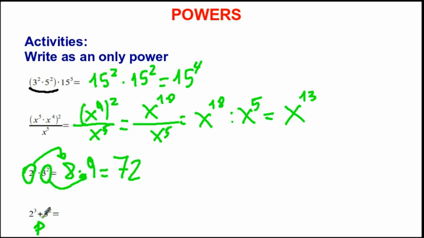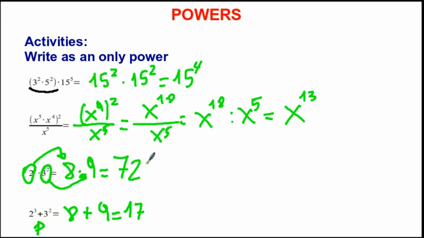So now we only have an addition. So we have to find this number. 2 to the power 3 is 8, and plus 3 to the power 2 is 9, and 8 plus 9 is 17. So that's the result, 17.